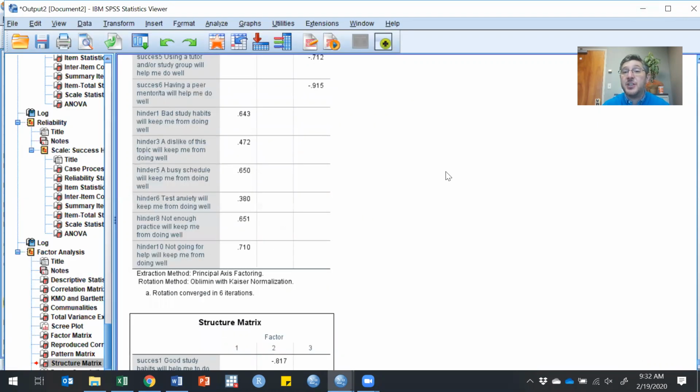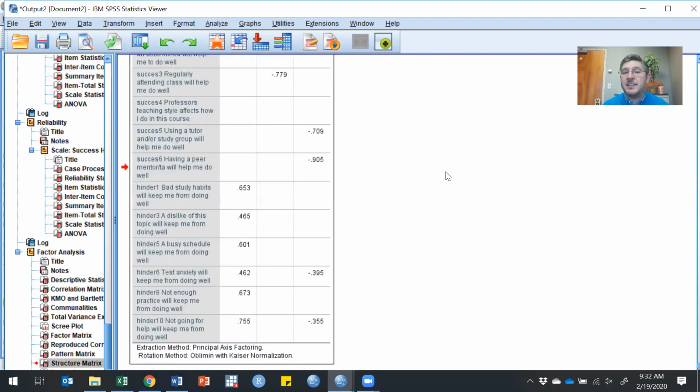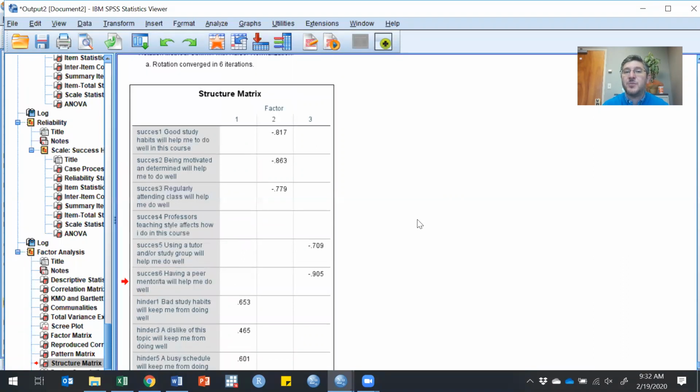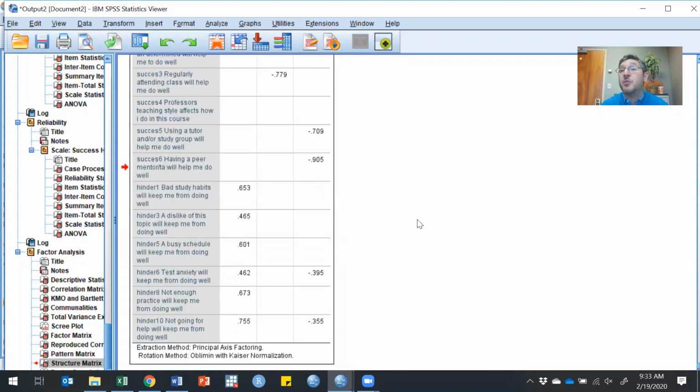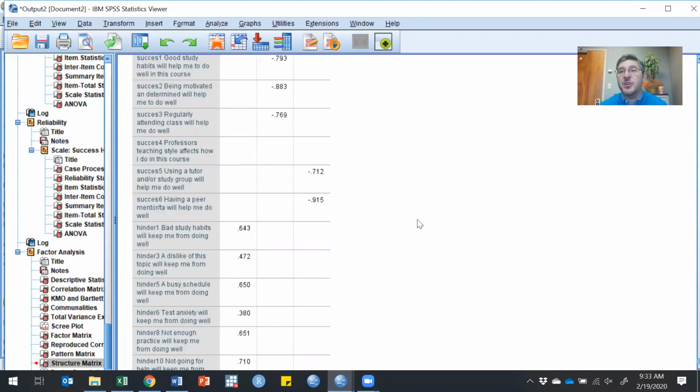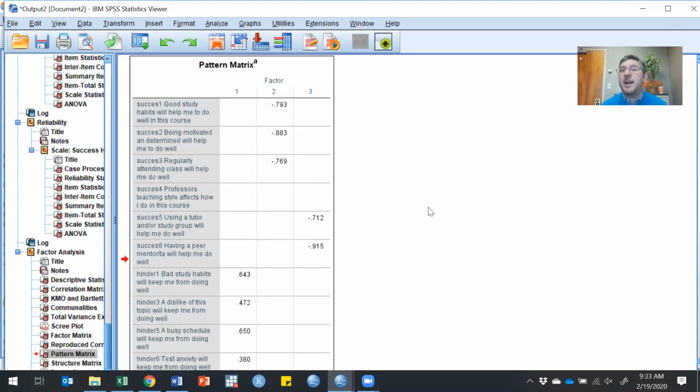I tend to use both to make a decision about what's going on. If there are drastic differences between the two, which will occur when there's a strong correlation between the factors, report both matrices in your output. If there's not a strong correlation, you can probably get away with just reporting the loadings from the pattern matrix.